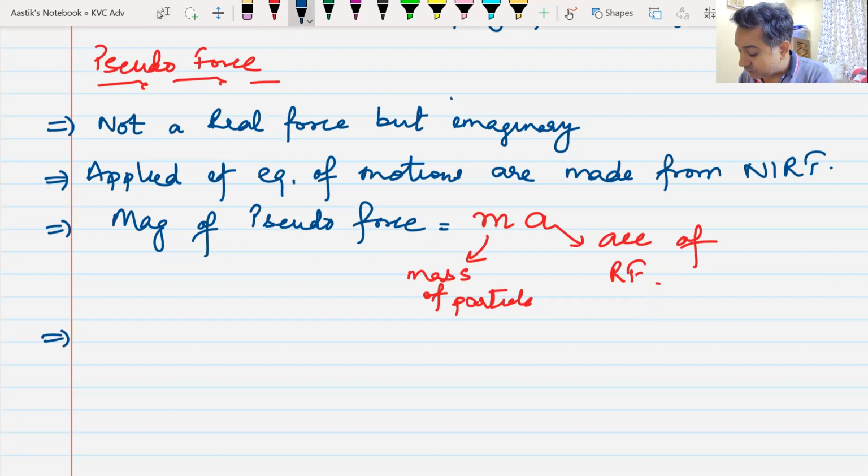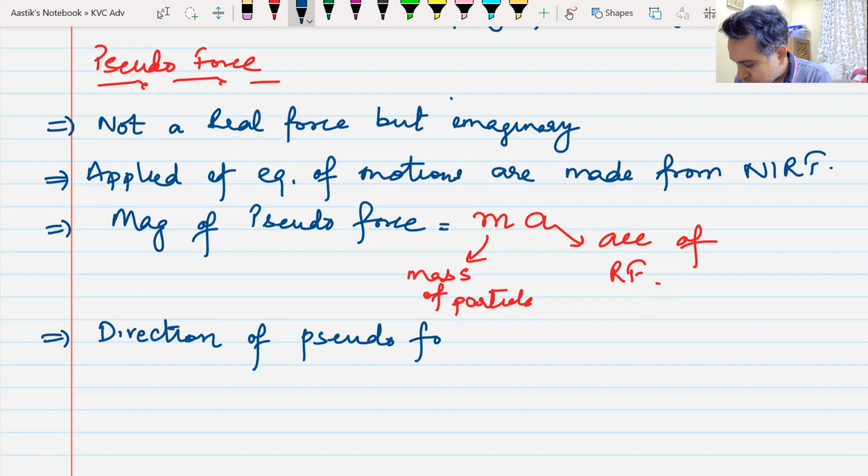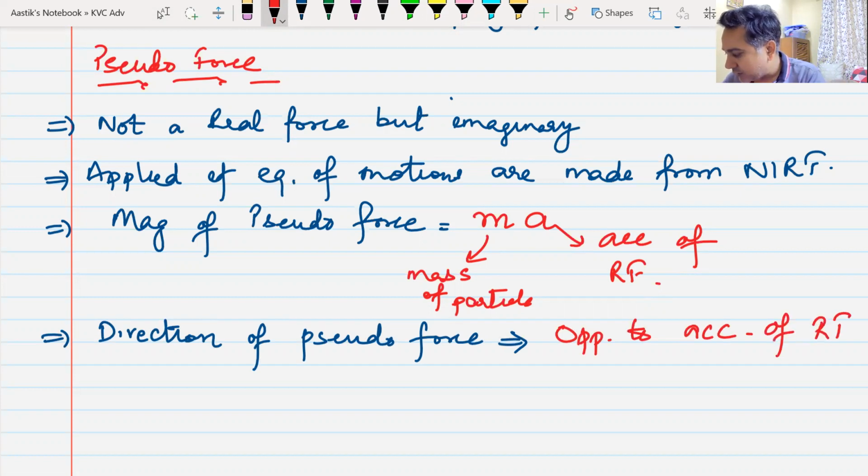The direction of pseudo force. What is the direction of pseudo force? It is opposite to the acceleration of your reference frame, which is your non-inertial reference frame.